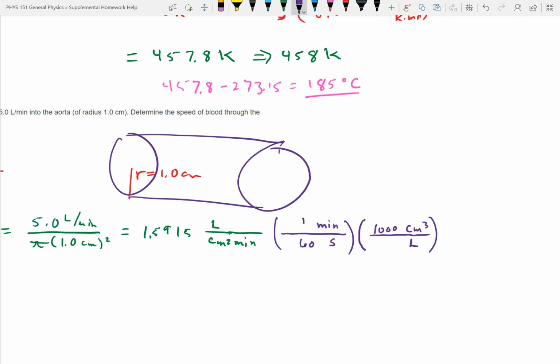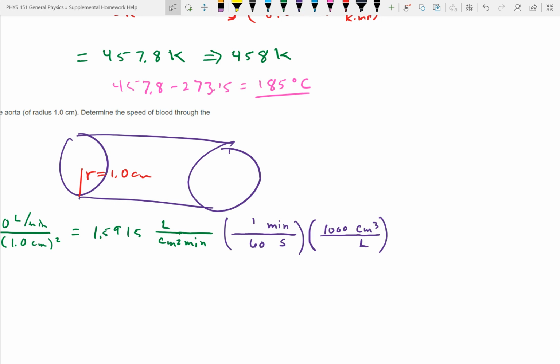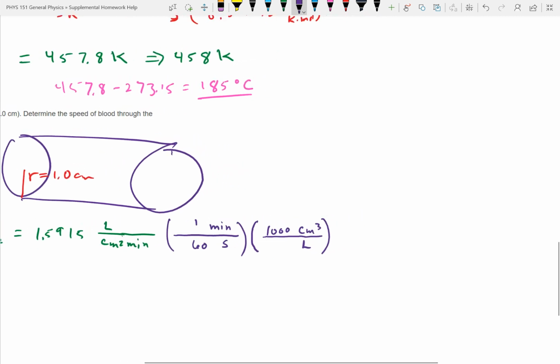Now, if I do this, I'm going to cancel 2 of these centimeters with 2 of the centimeters in my centimeters cubed. So I'm just left with 1 centimeter. And for my conversion of distance, that's why I saved it to the end. I'm just going to have 1 meter per 100 centimeters.